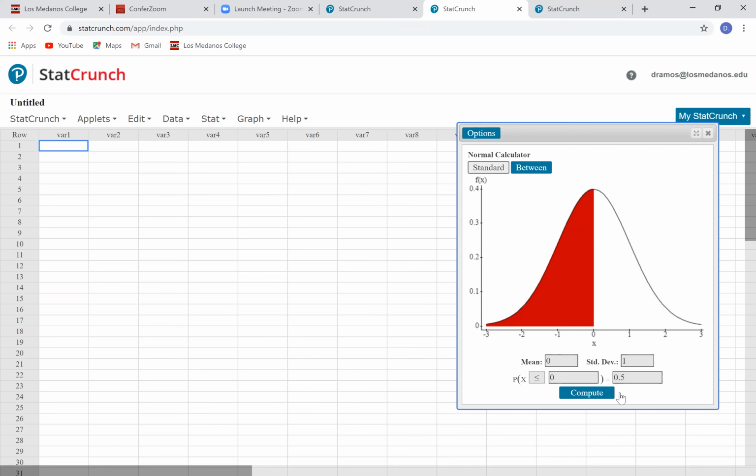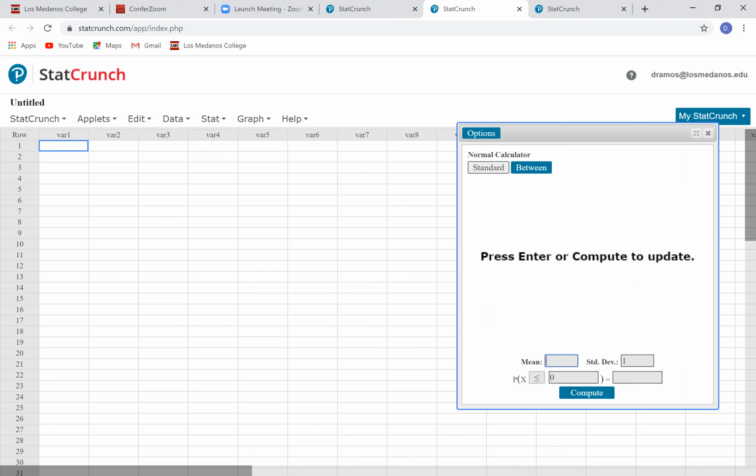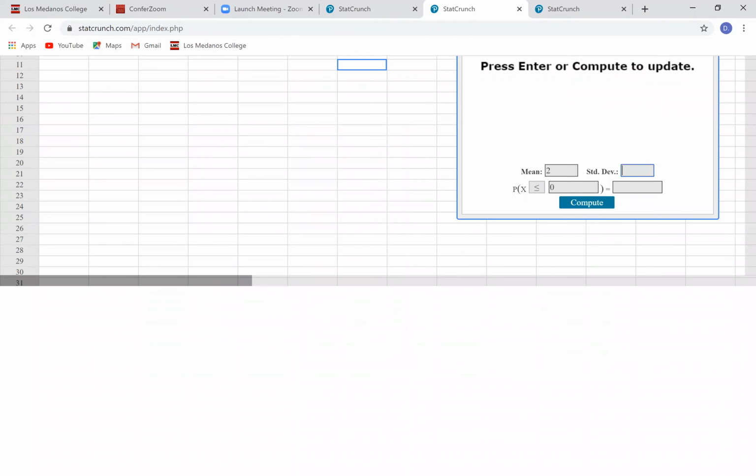We have a mean. For our case, I think our mean was 2, and the standard deviation was 0.3 for the egg.